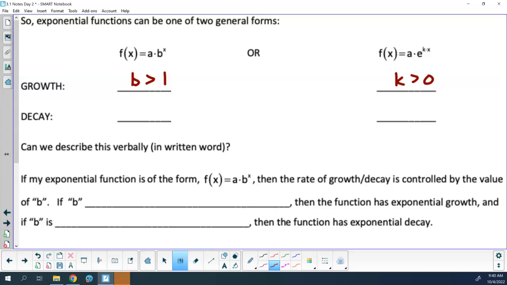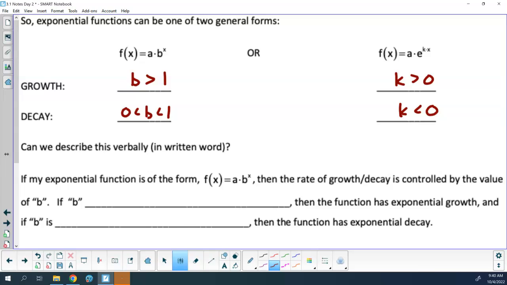On Friday, we said it's a decay if our base was between 0 and 1. And now we're saying that if k is negative, it is.